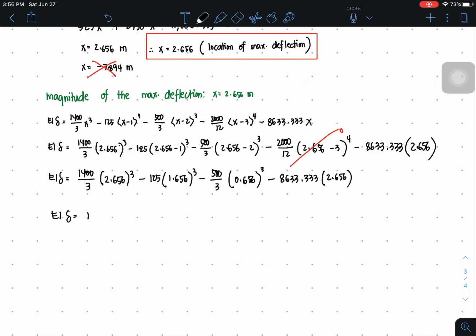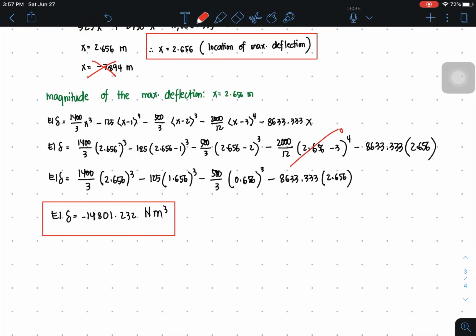So the value is 14801.232. This is not kilonewtons, but it's newtons cubic meter. And this is our final answer.